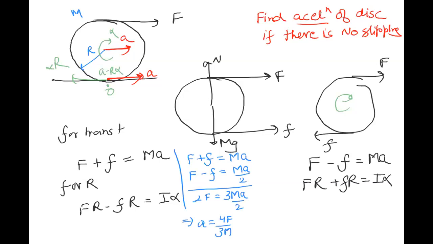Very, very unexpected result, because I pulled a body with force F and its acceleration is not F by M; something strange. In this case, if you had taken friction in the opposite direction, in this case also you will get F minus F is equal to MA, and F plus F is equal to MA by 2. Add them up, and again you get A is equal to 4F by 3. So the direction of friction does not matter.